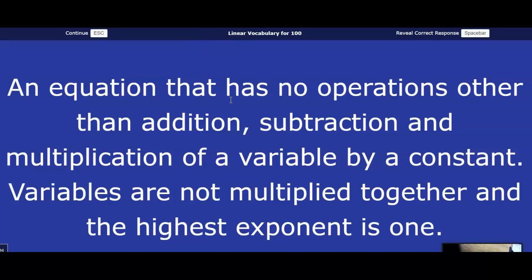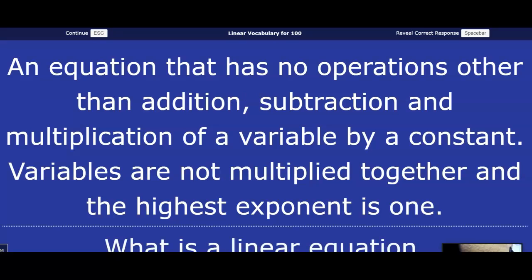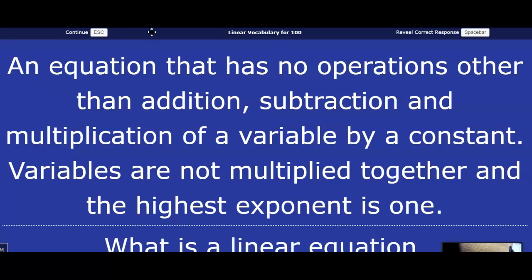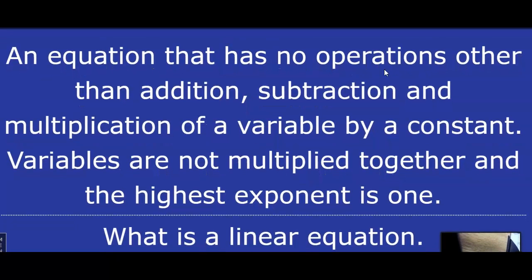Linear equation. There you go. What is a linear equation? You need to know: no exponents, no variables multiplied together. So if I ask you, is this linear and x is being multiplied by y? The answer is no. If there's an x squared, the answer is no.